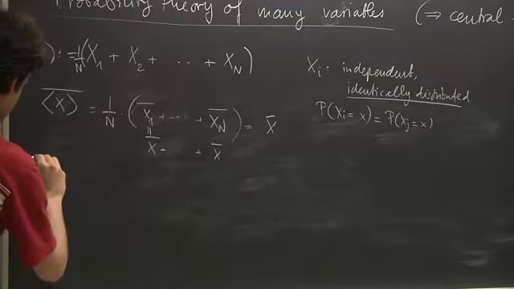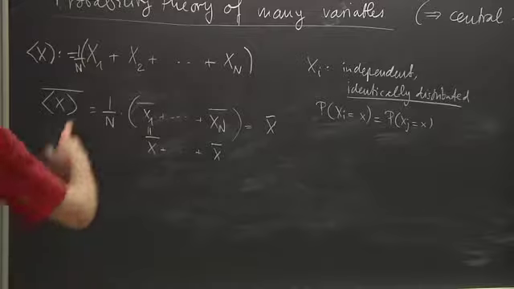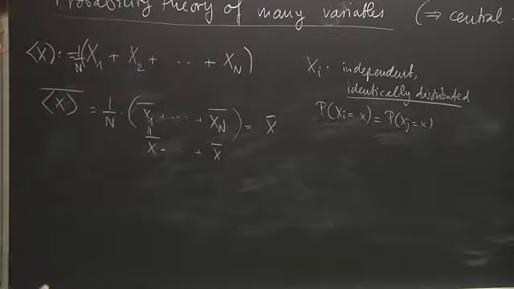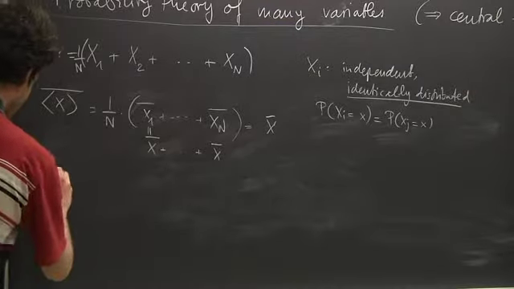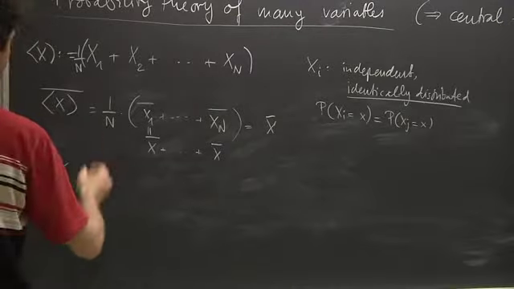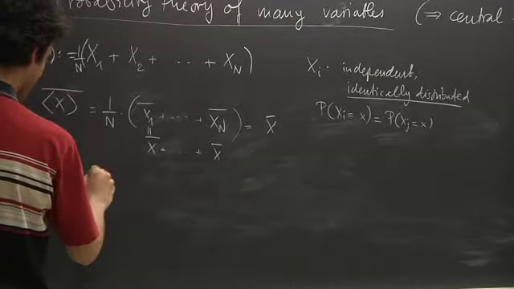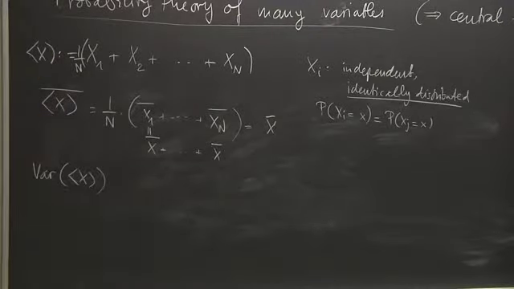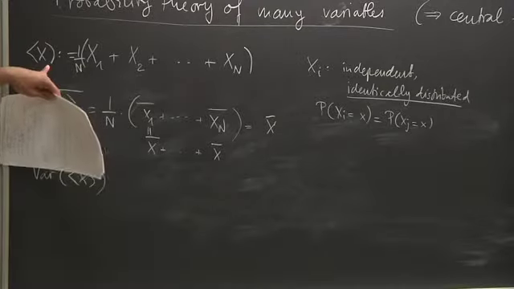So now if I want to ask about the variance of such a sum, so how much does this still fluctuate? That will be a bit less trivial. And so what is the variance of this object here? Have you already discussed that? Do you know what is the variance of such an object?